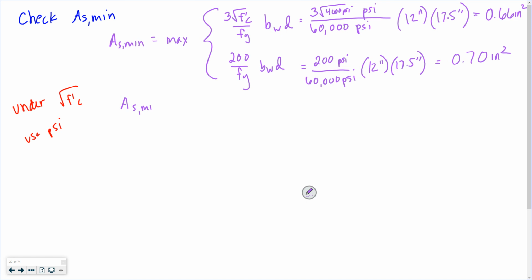As min is 0.7 inches squared. That's the minimum amount of steel required for flexural reinforcement in non-prestressed reinforced concrete, which is what we are. We're not prestressing.